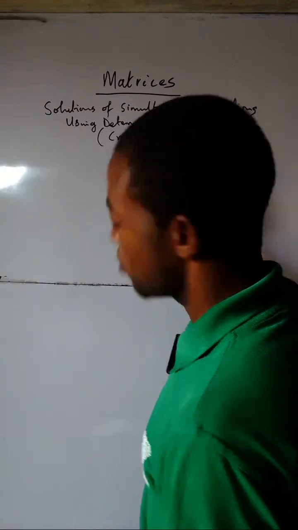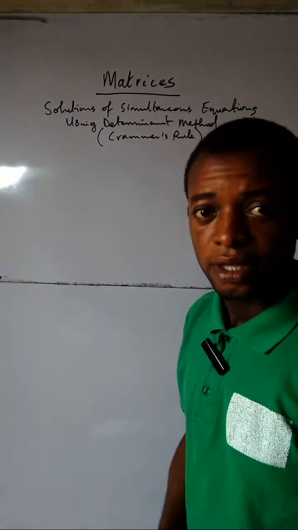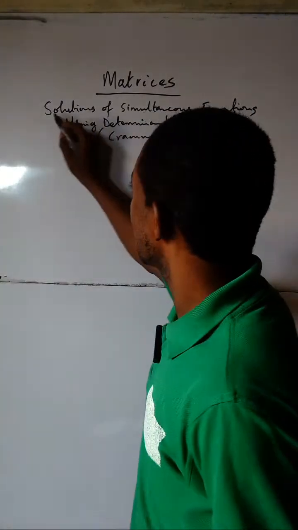So that's another name for the determinant method. It is called Cramer's rule.